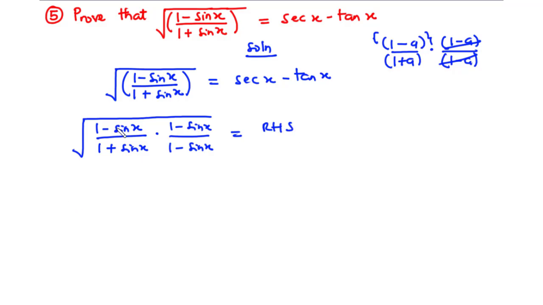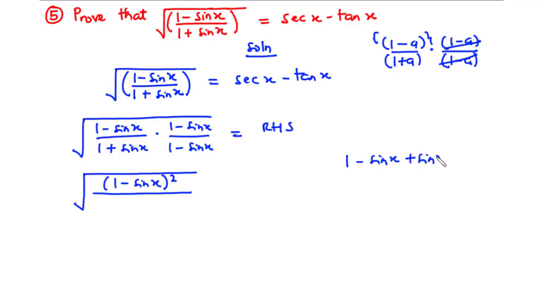Now at this point, let's try to multiply across. So we have the square root of 1 minus sin x times 1 minus sin x becomes 1 minus sin x all square. Now for the denominator, we are going to multiply 1 times 1, we have 1. 1 times negative sin x becomes negative sin x. Sin x times 1 becomes plus sin x.